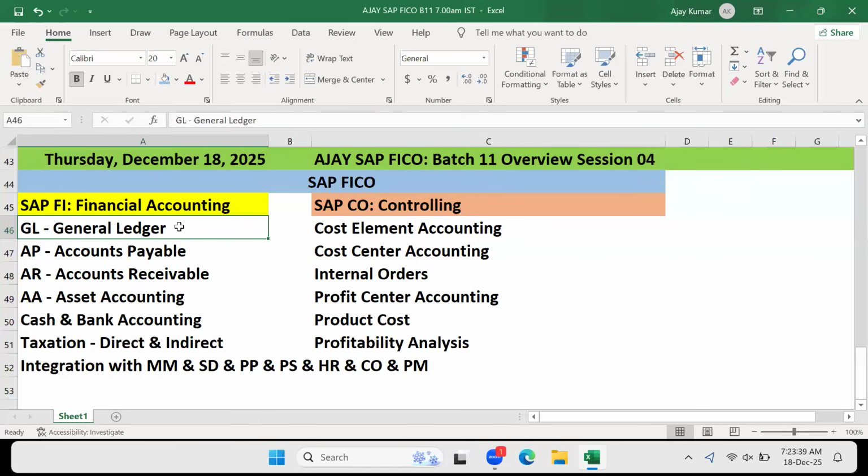Assuming you're preparing the financials, during your profit and loss finalization at the month end, you need three reports. What are those three reports?